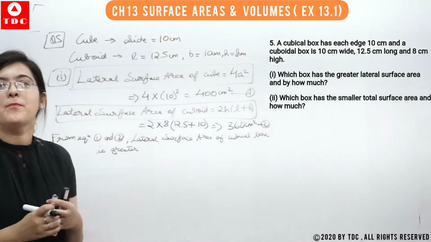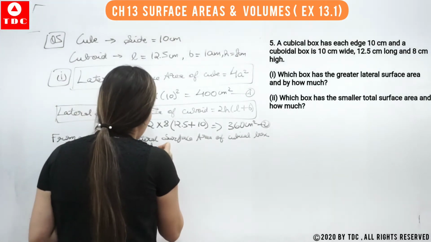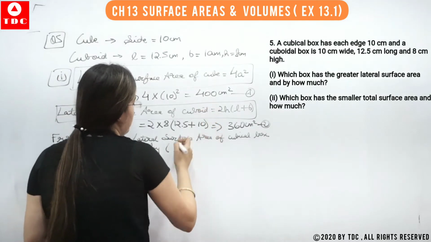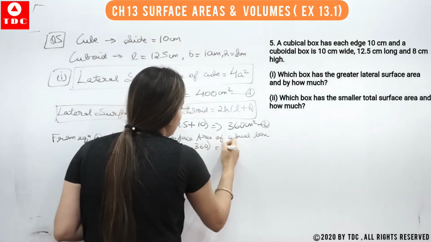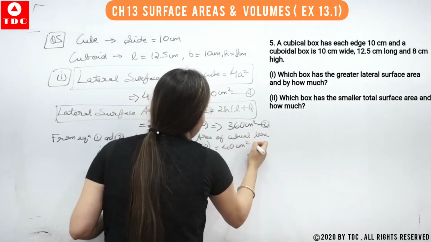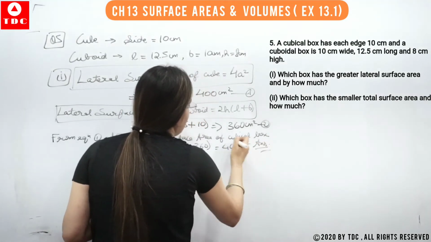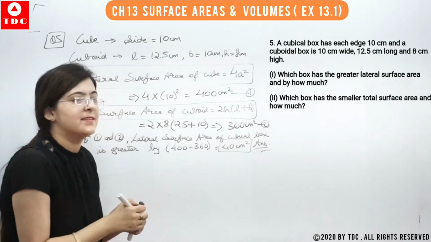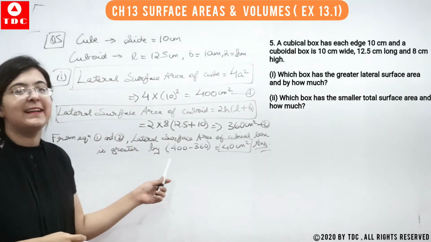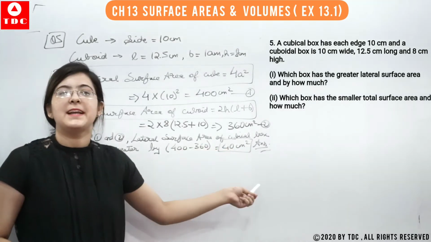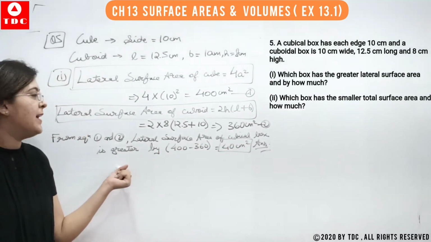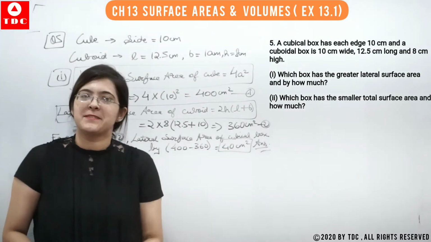Okay, and by how much? Let's subtract. 400 minus 360, that is 40 centimeter square. This is your first answer. What we will write? The lateral surface area of cubical box is greater than cuboid by 40 centimeter square.